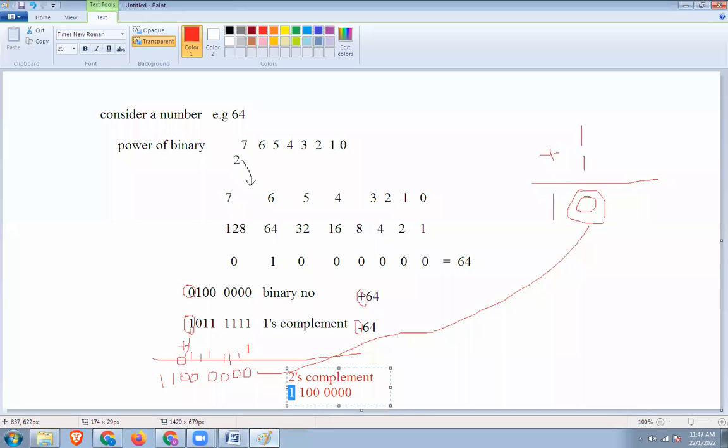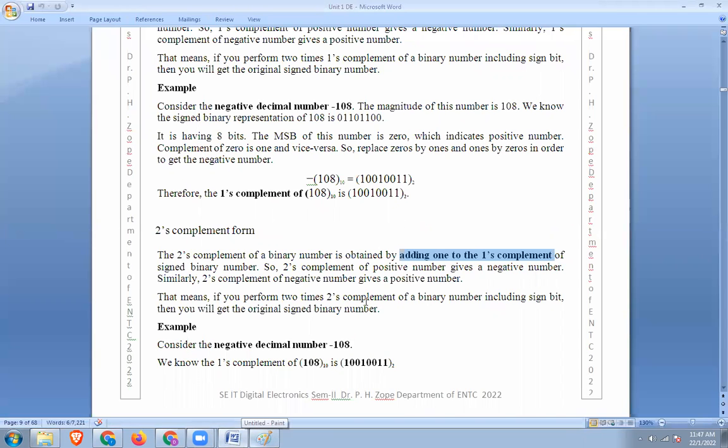So the last 8th bit is telling the sign and it is 1. So this one is showing in two's complemented form that it is negative, and its magnitude will be 1, 0, 0, 0, 0, 0, 0. Okay, so this is about the two's complemented form.